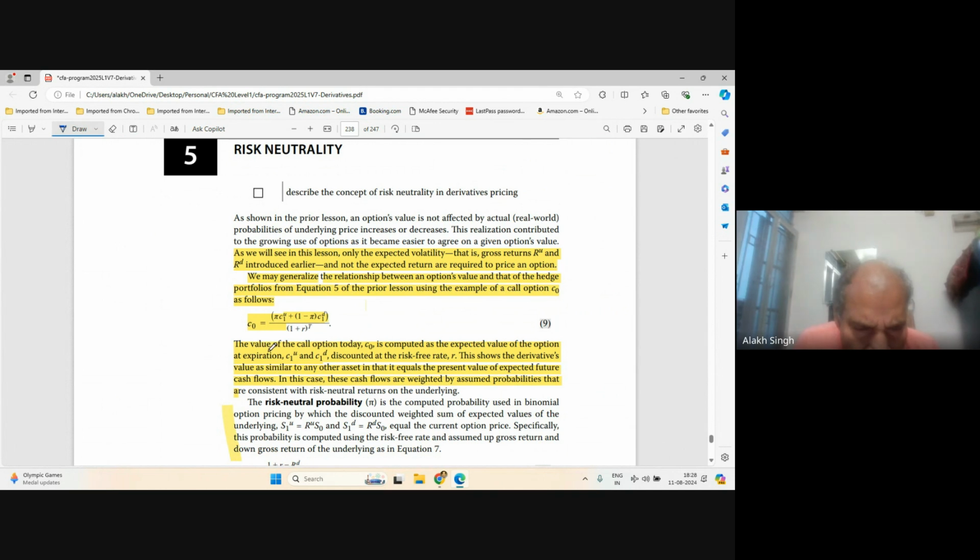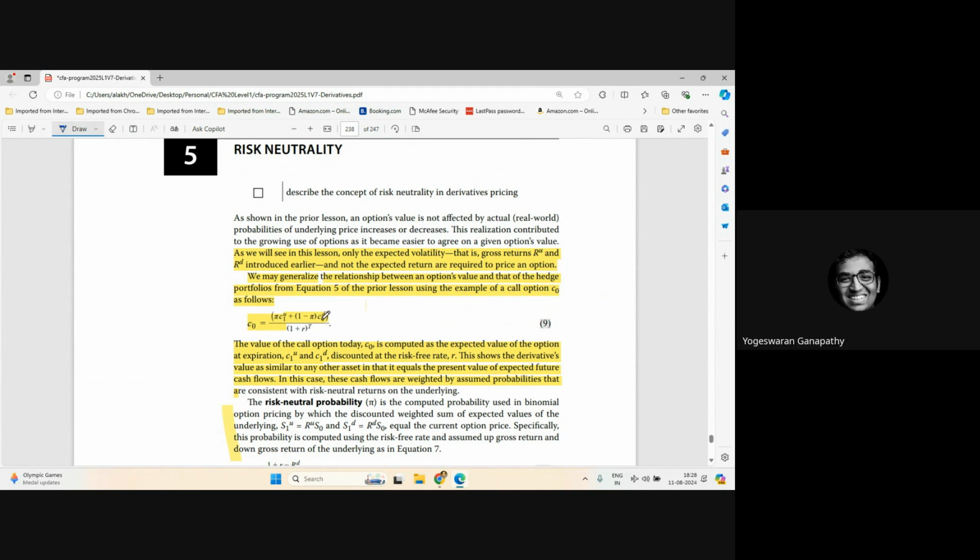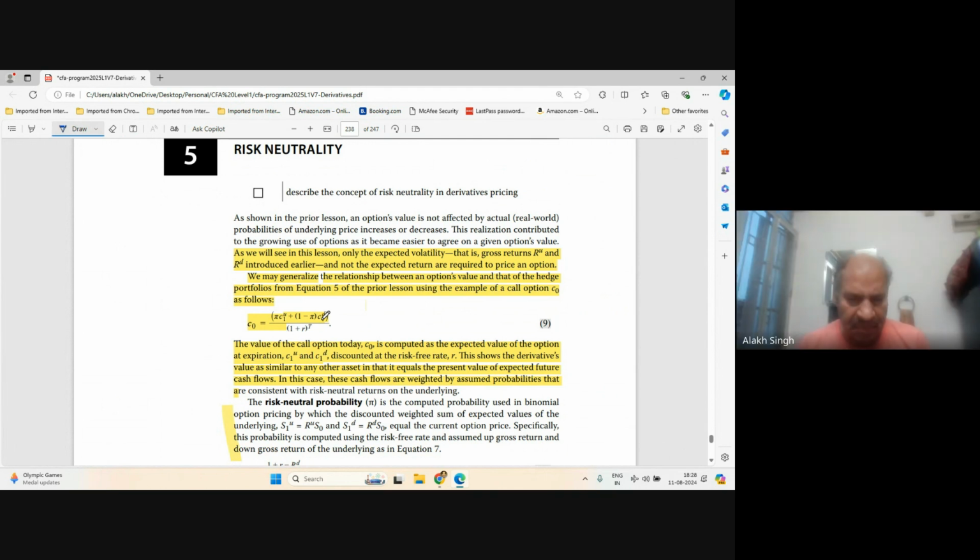So the value of the call option today, C0, is computed as the expected value of the option at expiration, C1U and C1D, multiplied by the risk neutral probabilities pi and 1 minus pi.